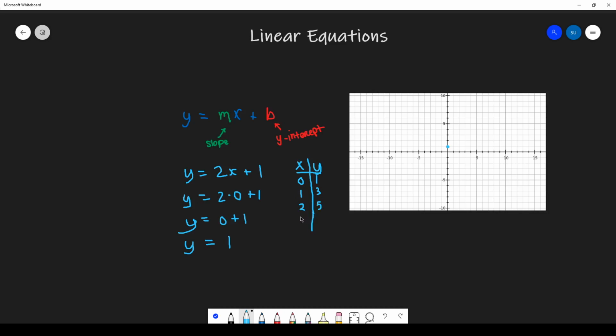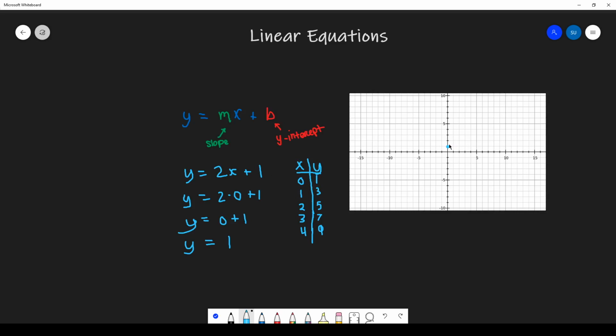So you could keep going. 3, 7, 4, 9. Notice how the y's are increasing by 2 every time, while the x increases by 1, because you're multiplying that x by 2, and then you have that 1 from the start, right?